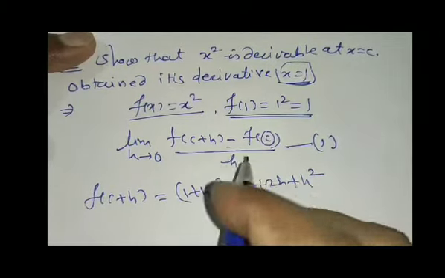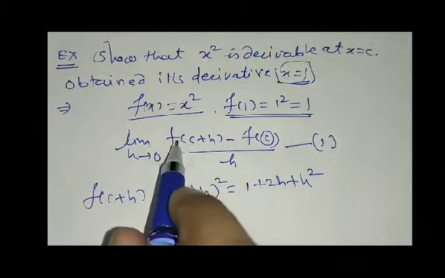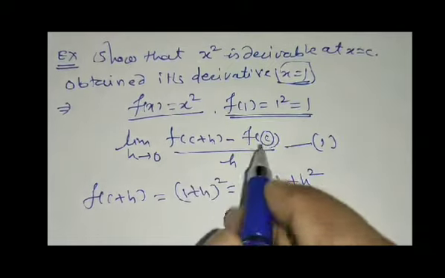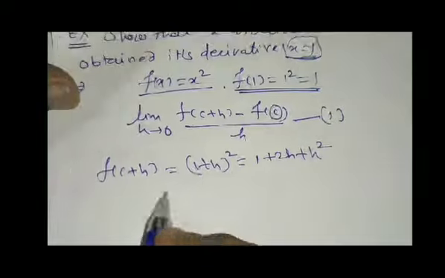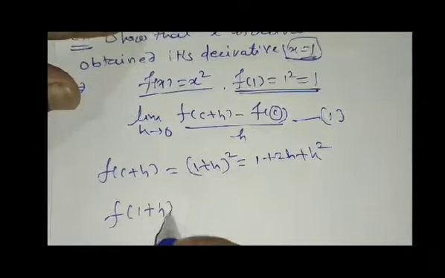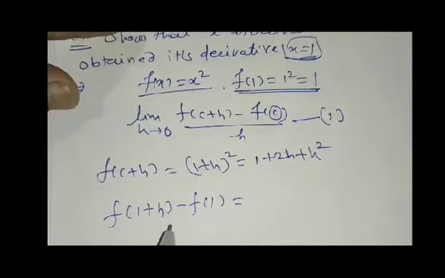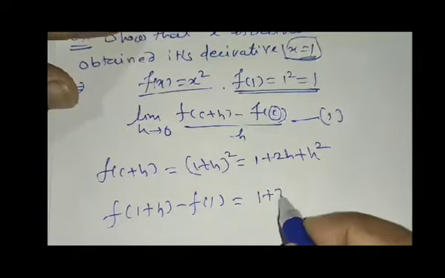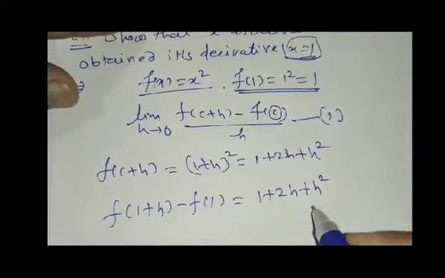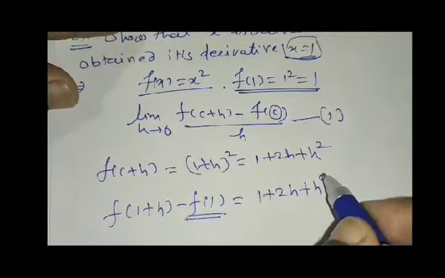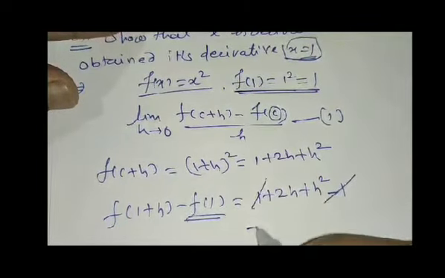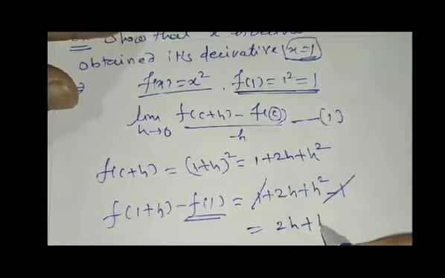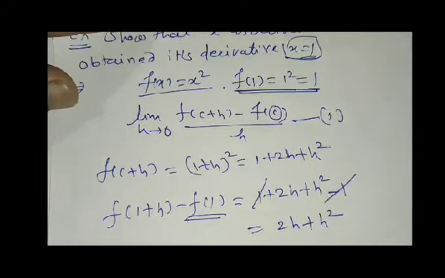So in this case, we want f of 1 plus h minus f of 1. So here f of 1 plus h is 1 plus 2h plus h square, and minus f of 1. So f of 1 is 1, so this is minus 1. Minus 1 plus 1 cancel. So there is 2h plus h square.